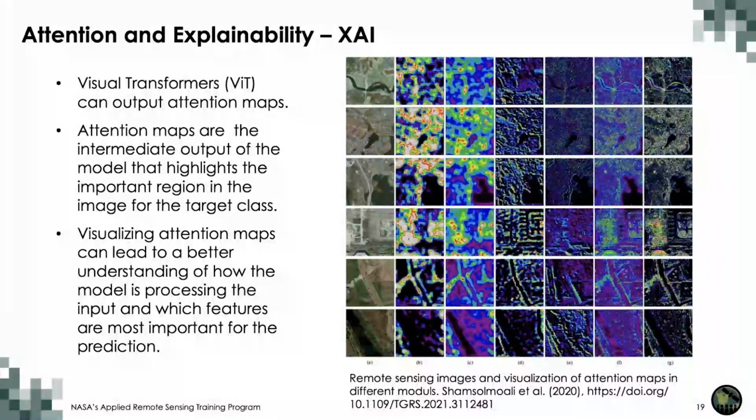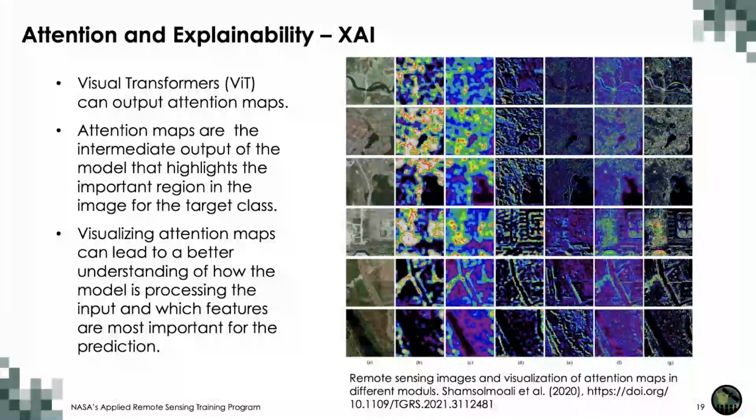Another example of model explainability with a machine learning algorithm is attention maps with visual transformers. Transformers are a type of neural network that use a mechanism called an attention mechanism, which basically allows the model to focus on certain areas and certain features in the input and make predictions from that.